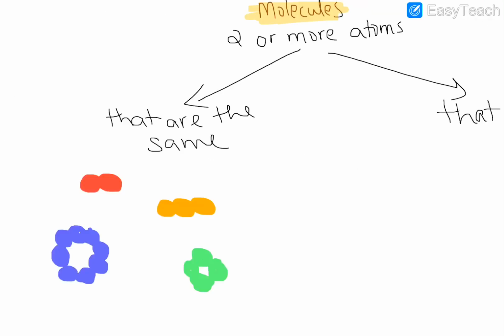Here we have a couple of examples of molecules where the atoms in the molecules are the same atoms. So maybe that would be H, maybe that is O, maybe that's sulfur. Here there's 8 sulfur combined, here there's 2 hydrogen combined, here there's 3 oxygen combined.